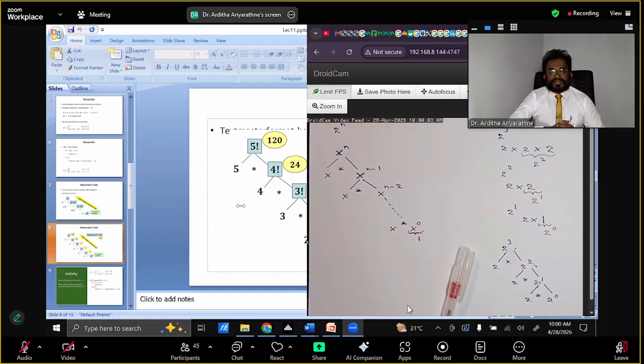So take 5 minutes and try to develop a function for this. Just after the 5 minutes, I am going to explain this function for you.